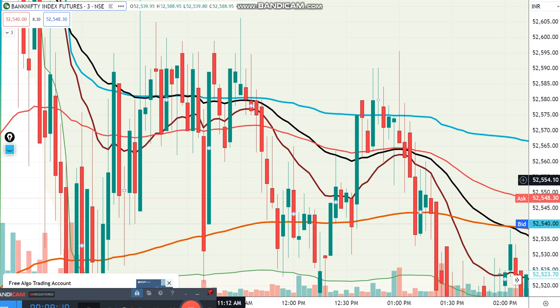As soon as there is a fall, there is an immediate big candle. So it carried away all my profits along with my capital. I had made profits over a few days, and it carried away all my profits along with my capital.